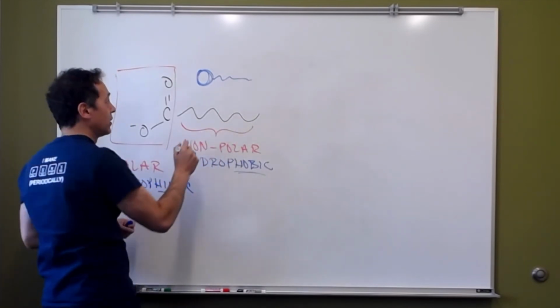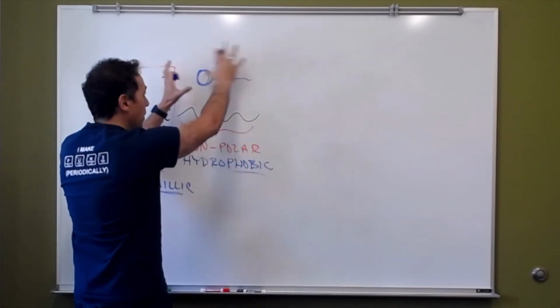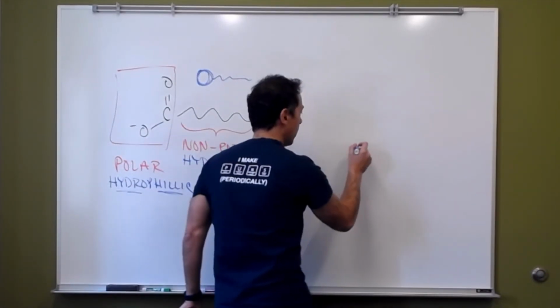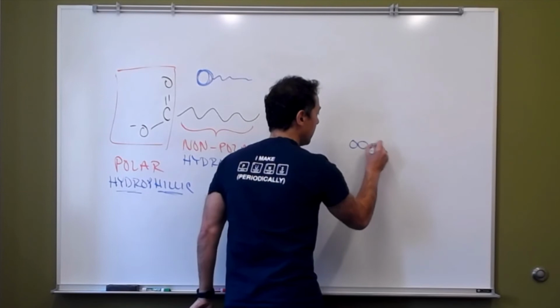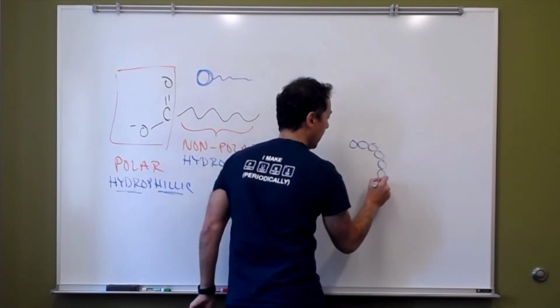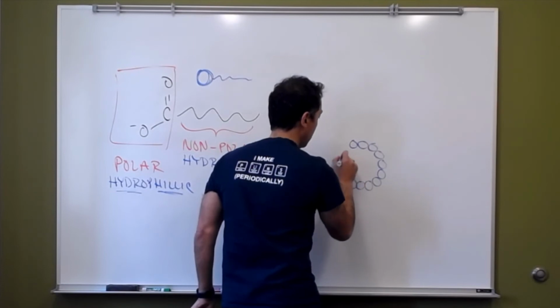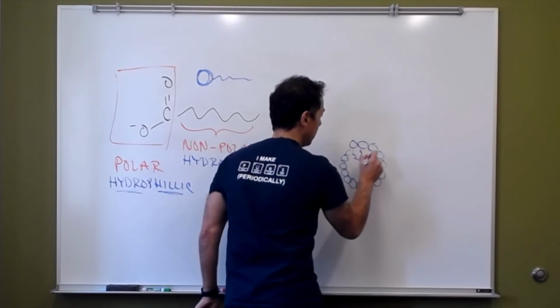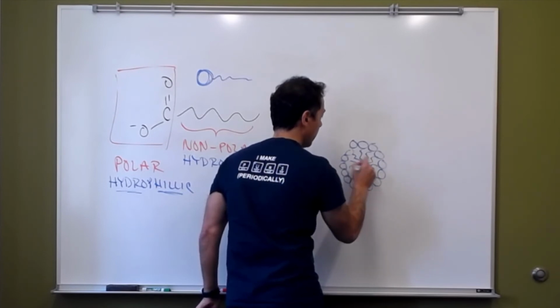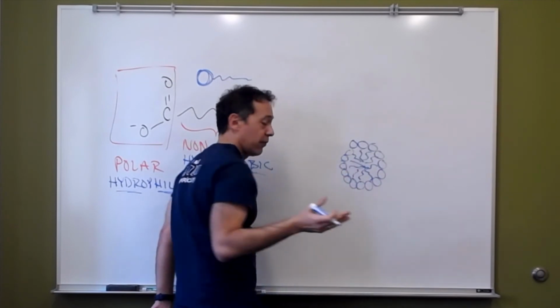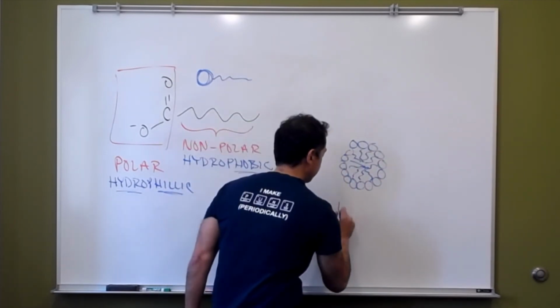And so if I were to take a bunch of these and put them in water, I would have a bunch of these hydrophilic heads being attracted to the water, and then the tails that are hydrophobic would be away from the water in the center like this. Now this has a fancy name. It's called a micelle.